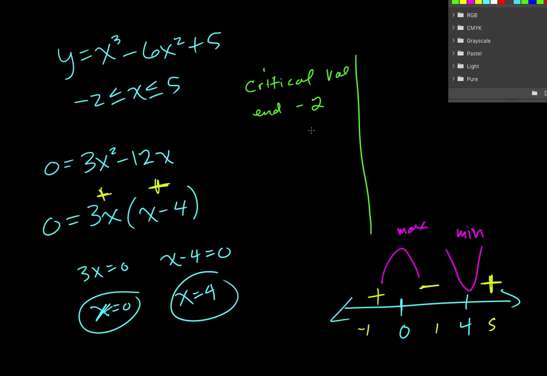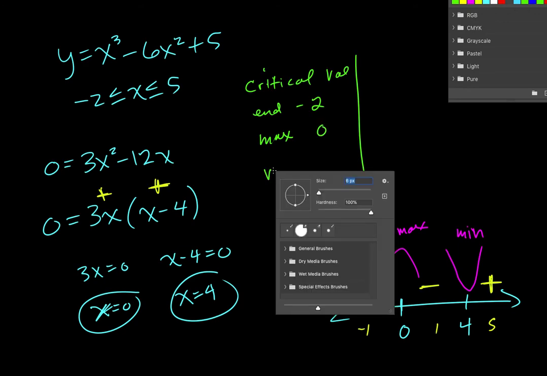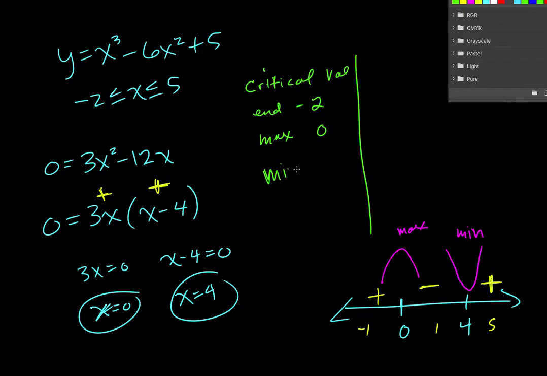We have a max at 0. We have a min at 4. And then we have an endpoint at 5. Now we just need to plug these in to see the y values, and then we can answer that question, just into the original.